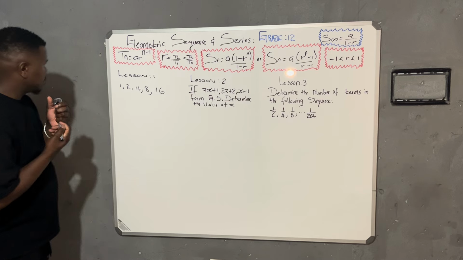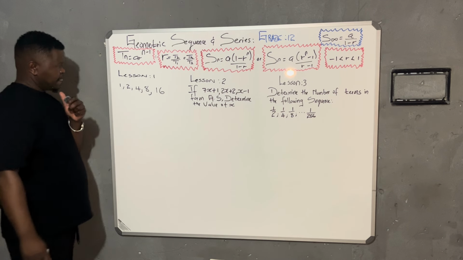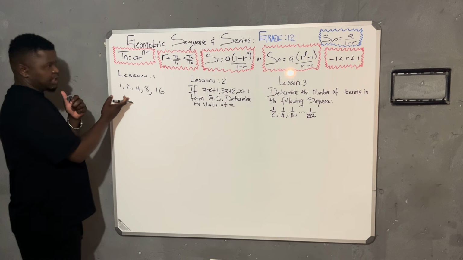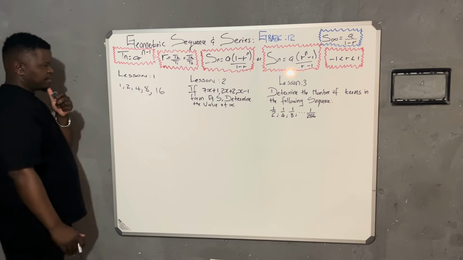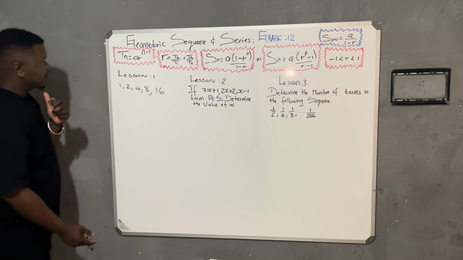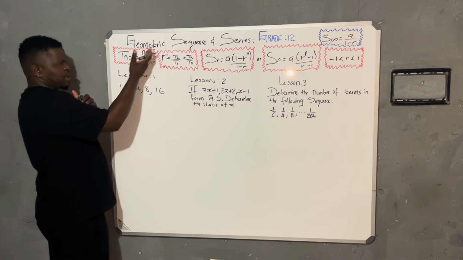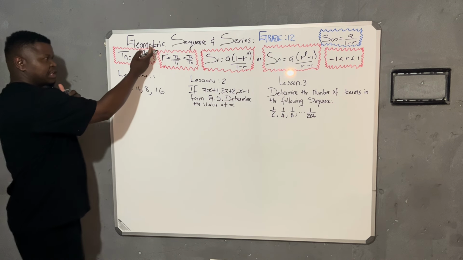All right, now, if you can see here, the first lesson, we have a sequence that consists of 5 numbers or 5 terms. Since we know that we are talking geometric, now we have to think of any formula that is geometric based.